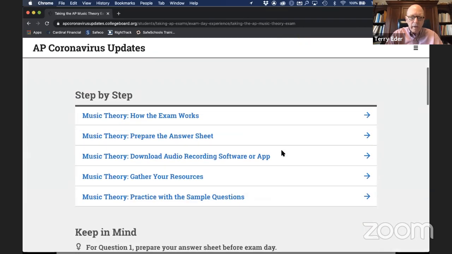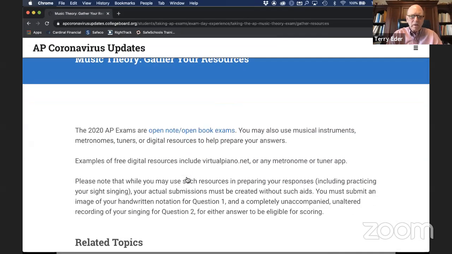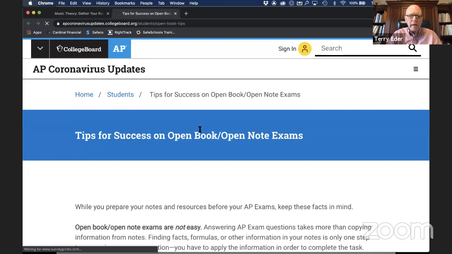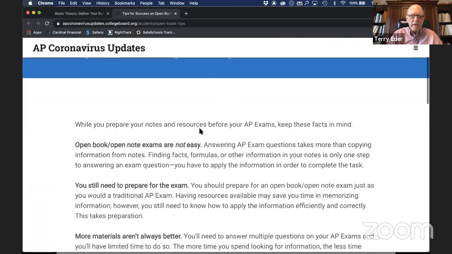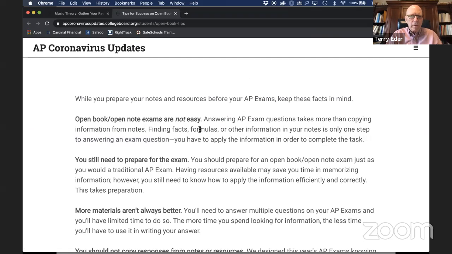And now I want to do one more thing and talk about gathering your resources. I talked a little bit about this page last week, but I want to say a few more things about it. And if you look, answering AP open book, open note exams is not easy. Answering AP exam questions takes more than copying information from notes.